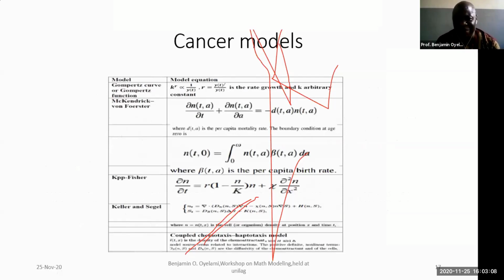Some of them are phenomenological equations that are used to study the growth of cells or growth of disease within a cell, and how the various diseases react to the presence of drug or chemical, or what you call chemostasis, or how they react to different kinds of taxes within the cell.